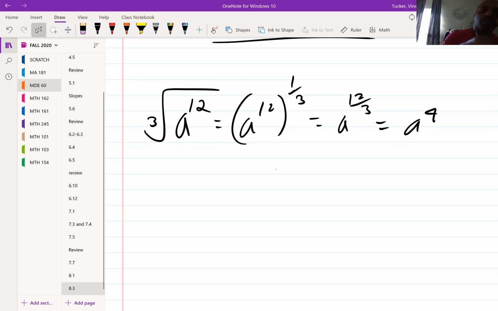But what if this number right here is not divisible by 3? Let's say I have the cube root of a to the 17th.